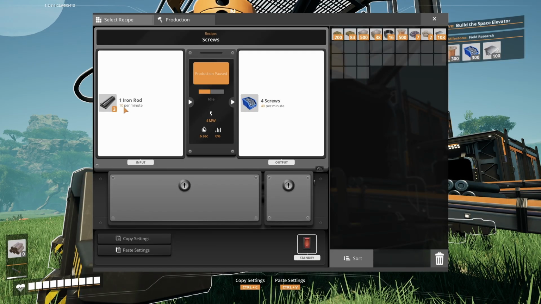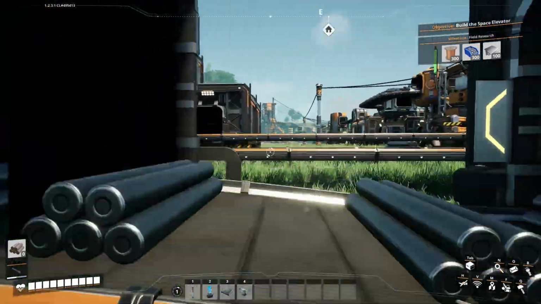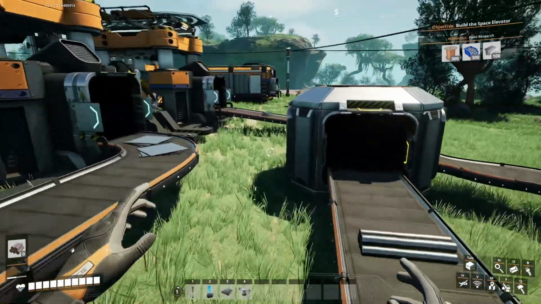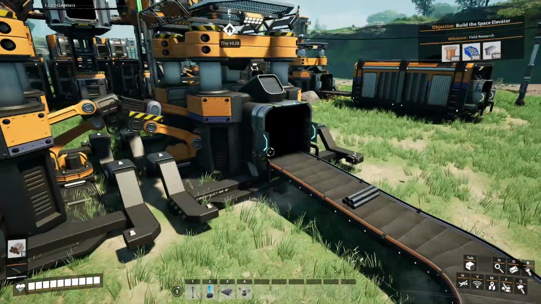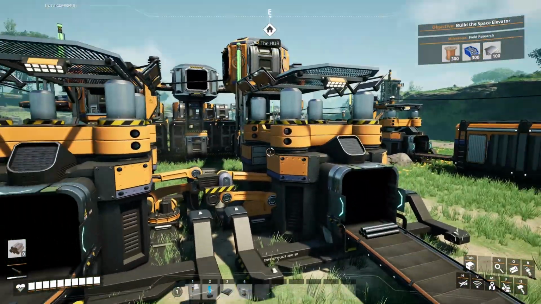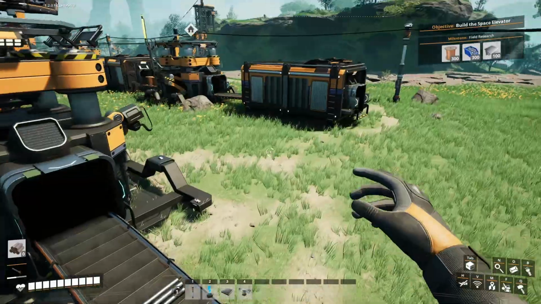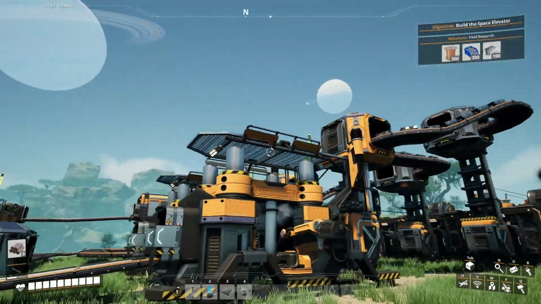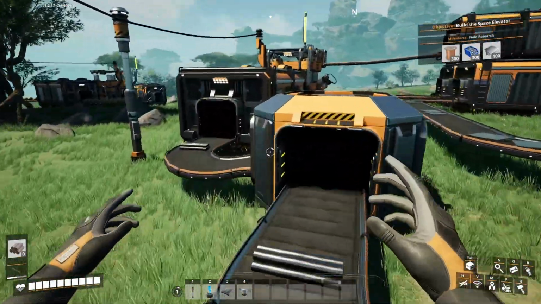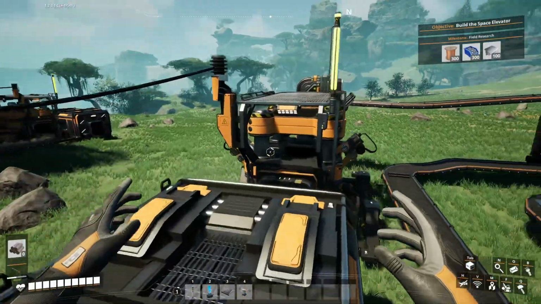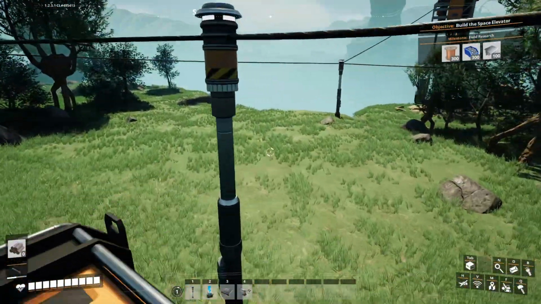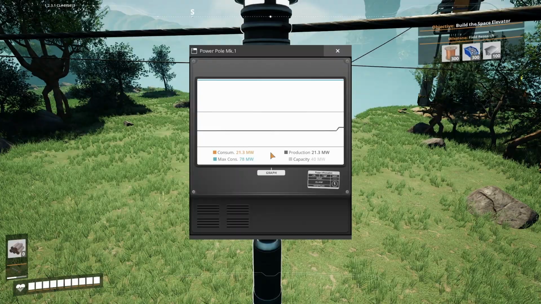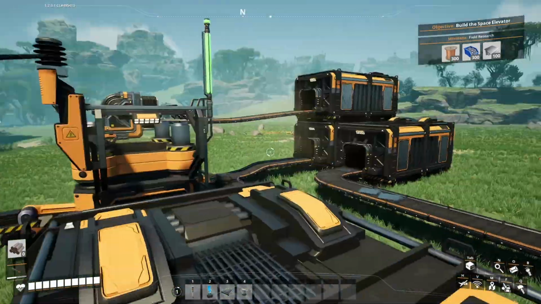That's why it was causing all those fluctuations. Okay. That is much better. I'm just gonna have to live with the fluctuations for now, I guess, because I need 300 screws.